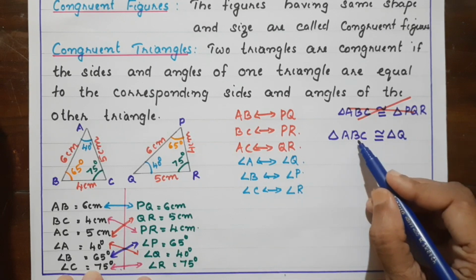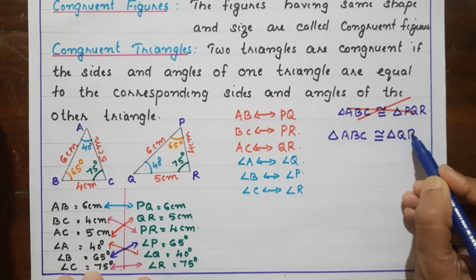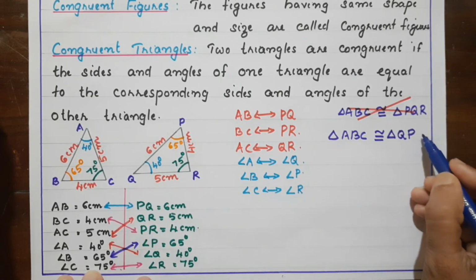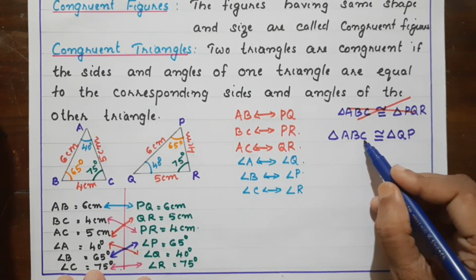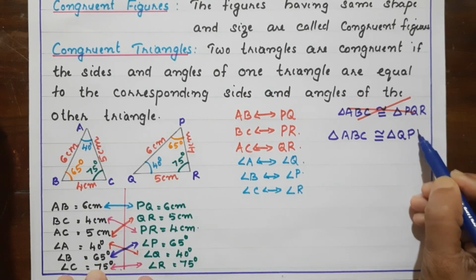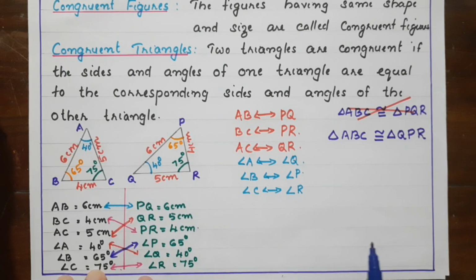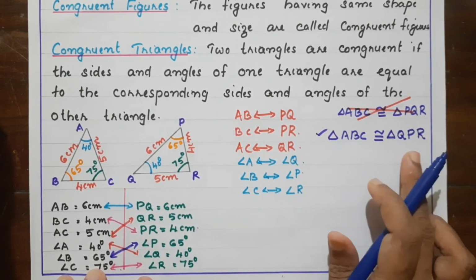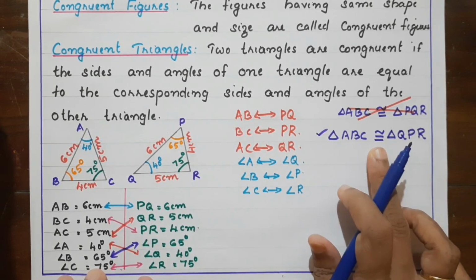P. So next we have to write P. Then for C, what do we have? Angle R. So in the third place we wrote C, here also in the third place we have to write R. Okay. This is the correct order of writing the names using the congruent symbol.